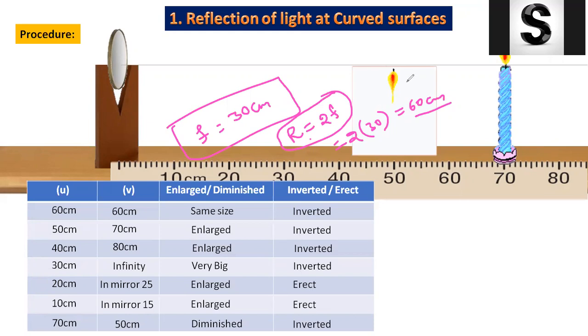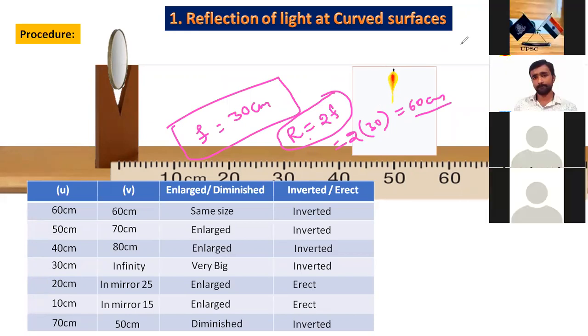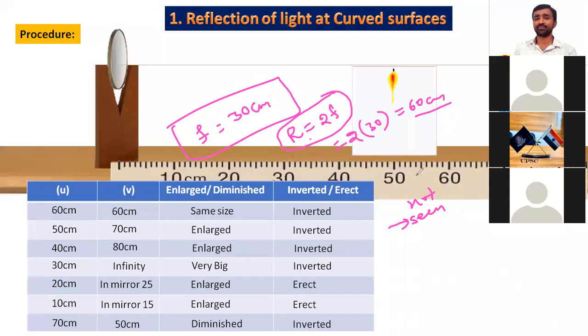Sri Charan. Sir, the image at 30 centimeters, it is formed at infinity. Yes. Sir, how can we know? The image formed is very big and large. We cannot find it. So here, if you are unable to see it on the mirror, I mentioned both, not seen on the screen, not seen on the mirror, right? So if you are unable to see it on the mirror, simply we will go for real image.